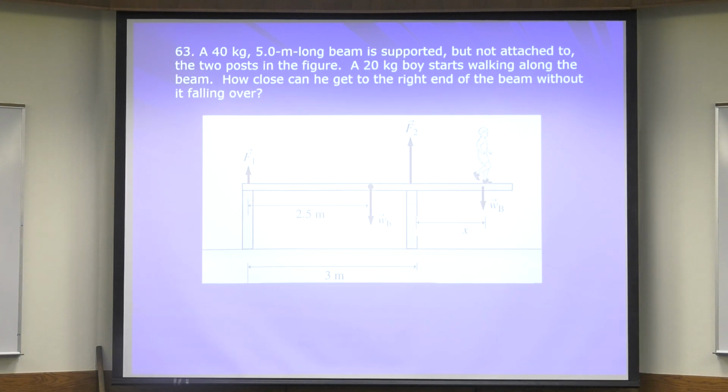So F1 is 0, and F2 is the pivot point. And that's going to make the torque equation really, really nice, right? Okay, so what we want is the sum of the torques to be 0, right? All right, so sum of the torques, 0.